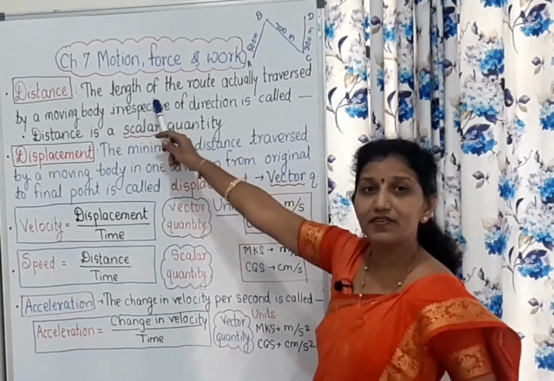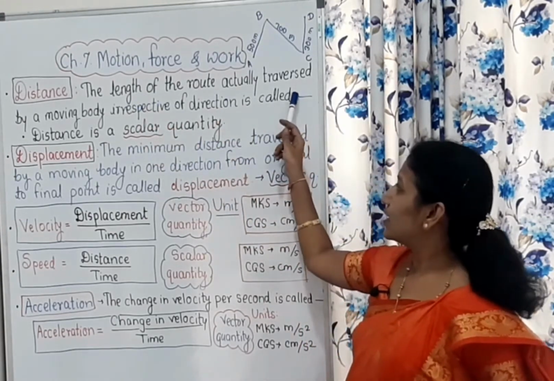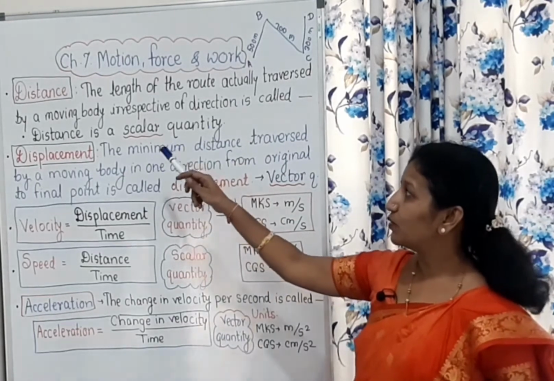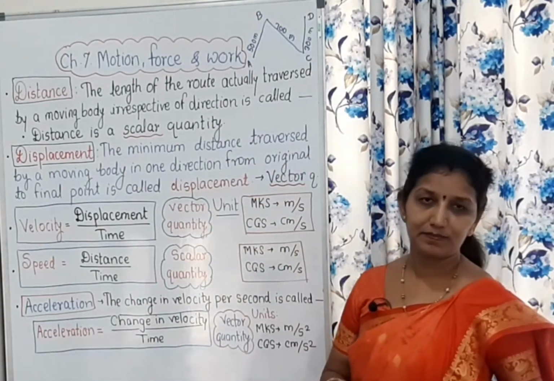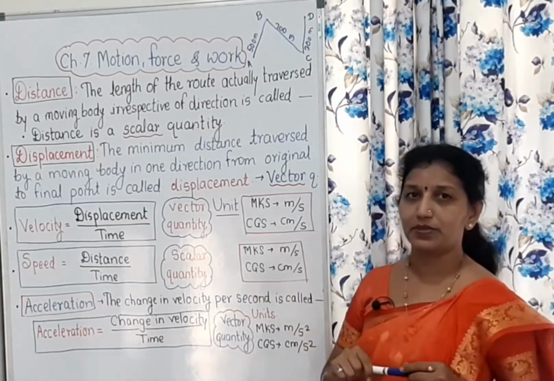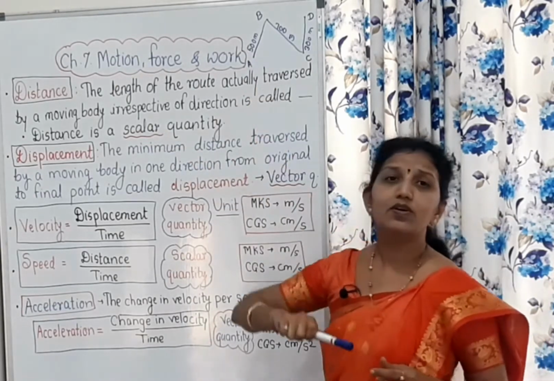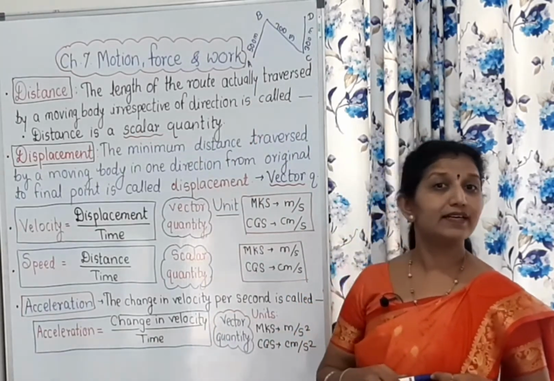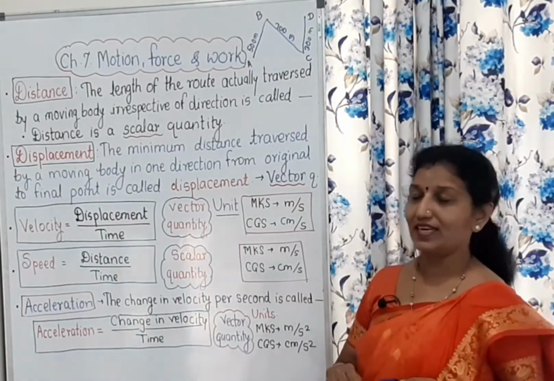So, what is the definition of distance? The length of the route actually traversed by a moving body irrespective of direction is called distance. This is the actual length of the route. There is no specification of direction, that's why it is a scalar quantity.